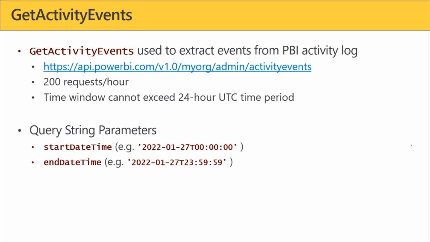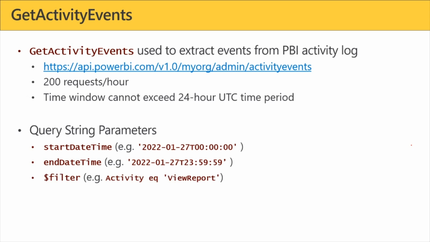And remember that you don't want these times to wrap around midnight because they have to be enclosed within a single UTC day. And as you start using this, you'll find that getting things one day at a time is probably preferable. And if you're in an environment with lots of activity, maybe trying to grab a whole day at once is way too much. So you'll start grabbing things in 4-hour or 2-hour or 1-hour chunks.